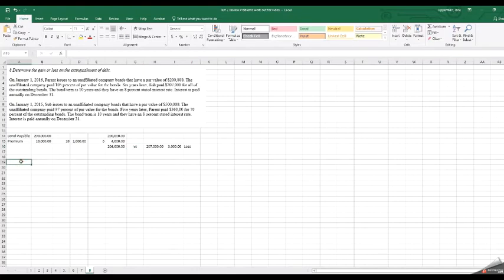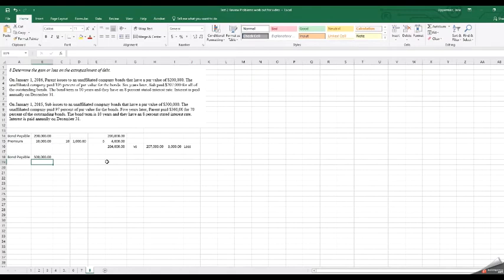Okay, then the next scenario is a little bit more challenging because it's 70%. So the sub issues to unaffiliated companies bonds that have a par value of $500,000. The unaffiliated company paid 97% of the par value of the bonds. So 5 years later, the parent then buys 70% of them back for $360,000. So this one again is going to be a little bit more complex, but we start with a bond payable of the $500,000.